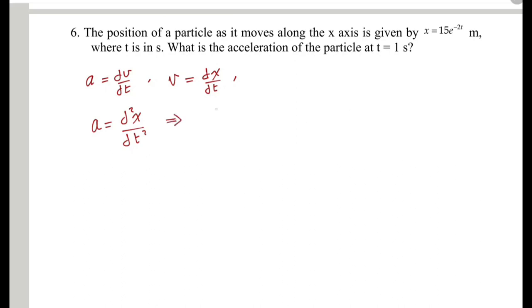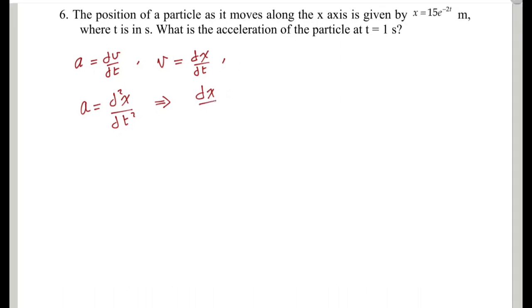You derive x with respect to t, so it's equal to minus 30e^(2 minus 2t), and the second derivative with respect to t equal to 60e^(2 minus 2t) in this case.